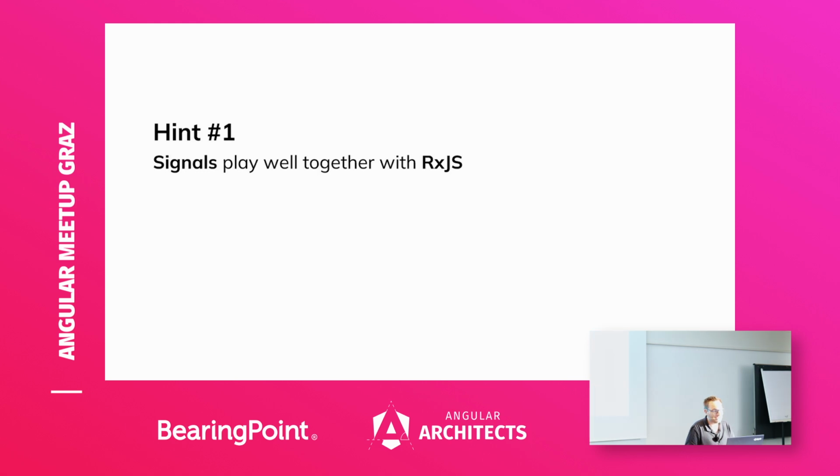So first hint, signals play well together with RxJS, but there is another hint, namely RxJS is really great at preventing race conditions. So just imagine we search for, let's say, dessert A. And before we get the result for dessert A, we search for dessert B. And before we get the result for dessert B, we search for dessert C. With RxJS, you have something like a switchMap that assures that only the last result is shown.